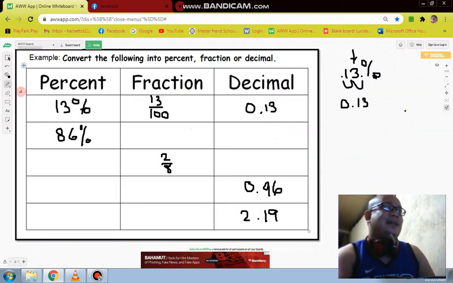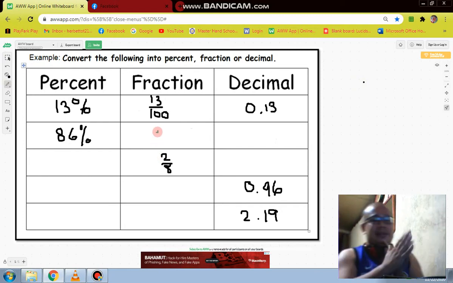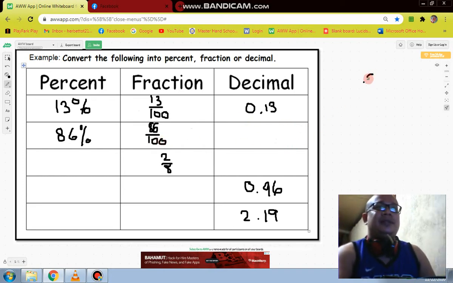Then let's move to the next example, which is 86%. Again, in fraction it has a denominator of 100, so it's 86 over 100. In decimal, the decimal point is after the ones place.